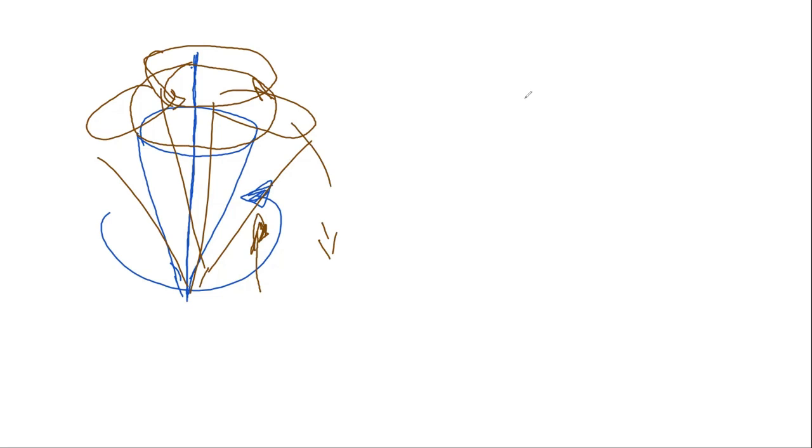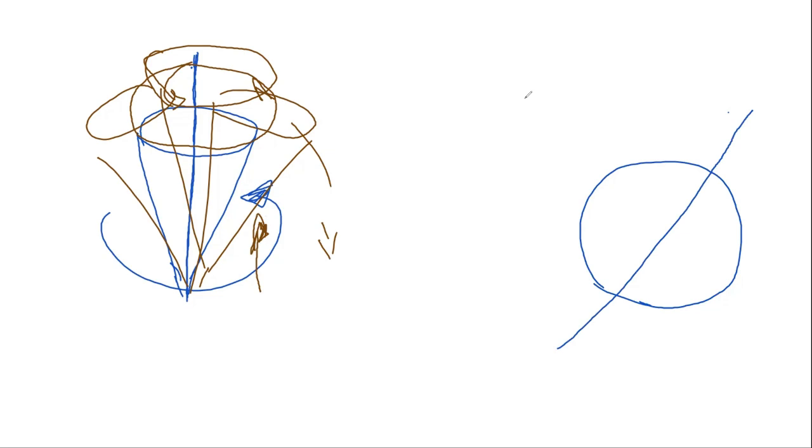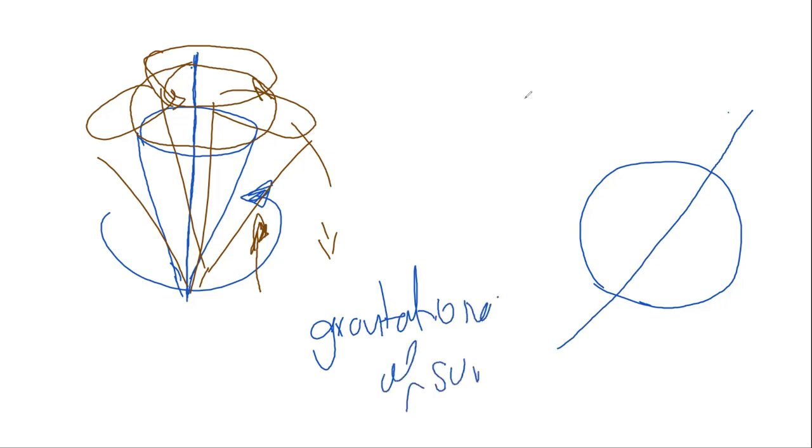The Earth is a rotating object. It is rotating around the rotation axis. And after years, due to the gravitation of the sun, this rotation axis starts moving and creates a cone.